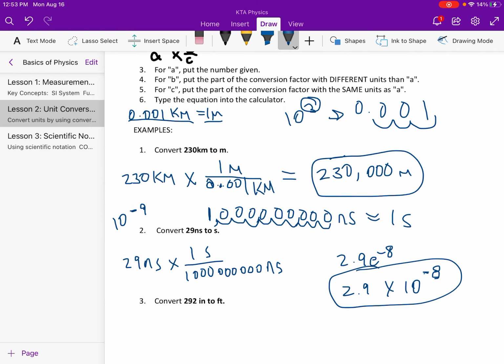So, oh, sorry, I did something wrong here. That should be a 9, and why is because, hang on a second, let me see something here.